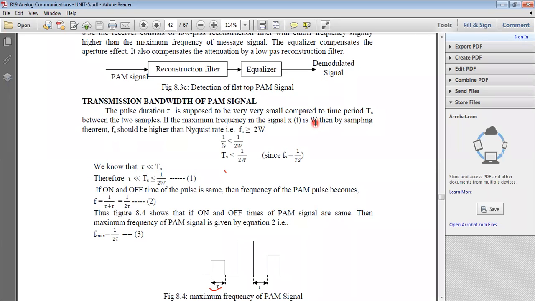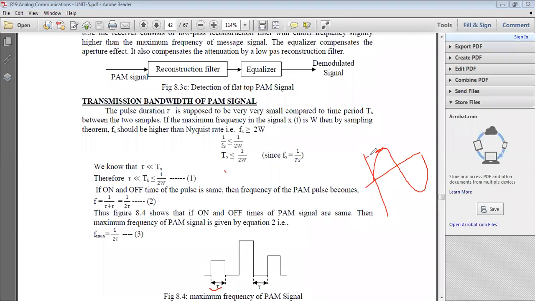What is our message signal? The message signal we always consider as x of t, and the maximum frequency in the signal is considered as Fm. Suppose this is our message signal. Now what is the maximum frequency? This one.